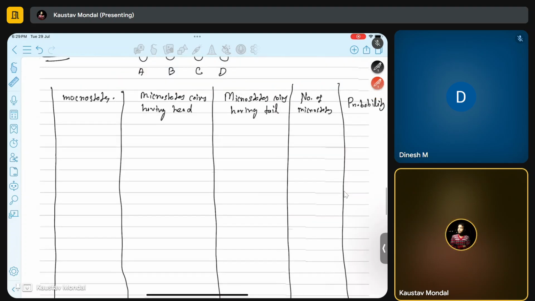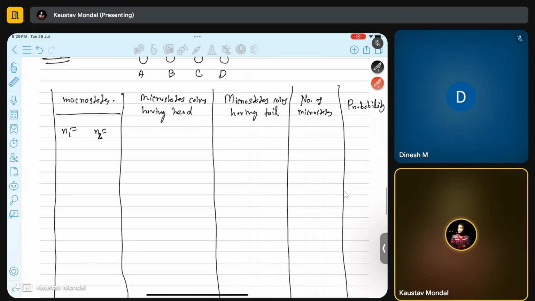Let's take the first case where all of the points are heads. N1 means the number of points which have heads, and N2 is the number of points which have tails. So let's first consider a configuration where all the points have head: 4 points have head and 0 points have tail.